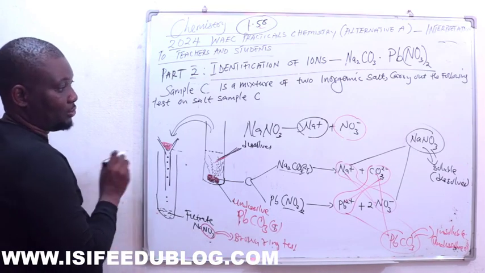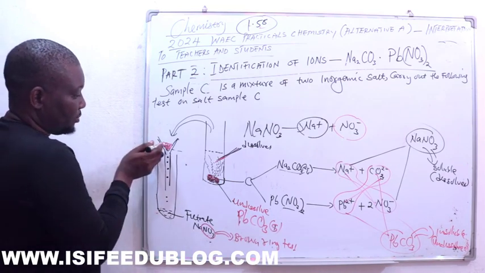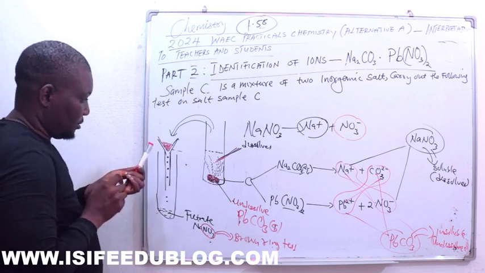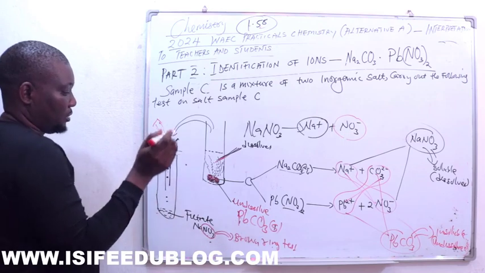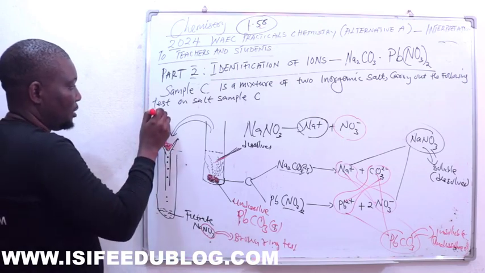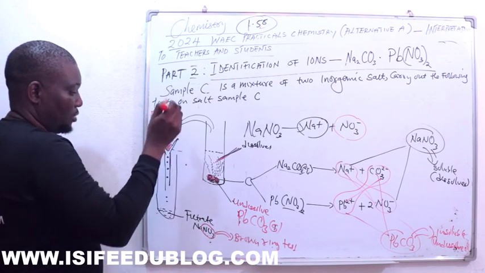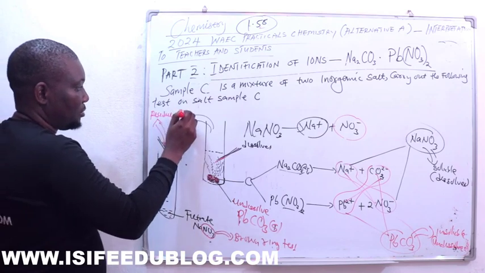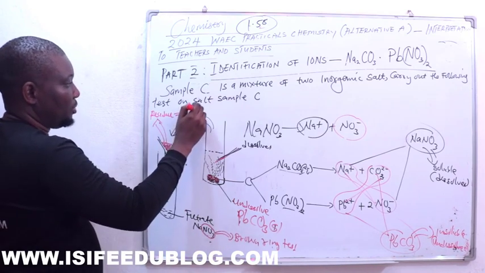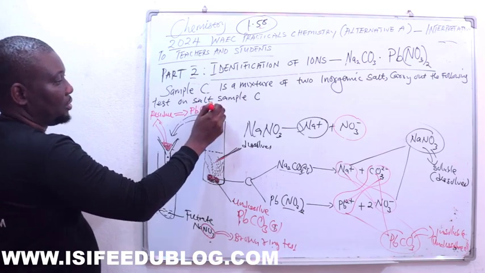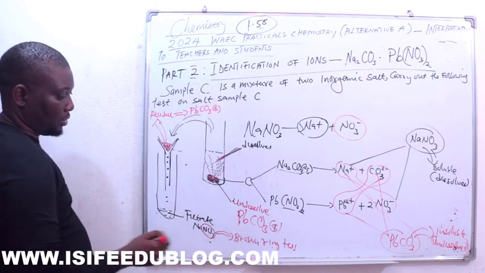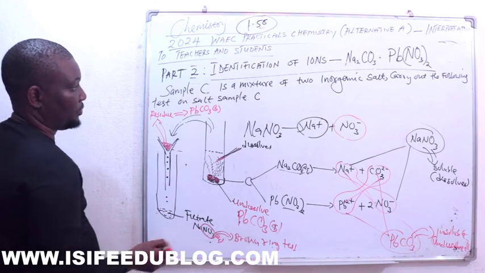So the residue now, which is somewhere here, this is my residue, and by extension, the residue is PbCO3, which is still in solid form while this is in aqueous form.